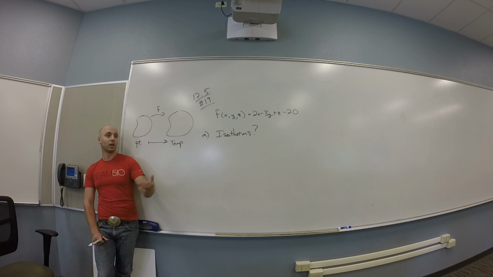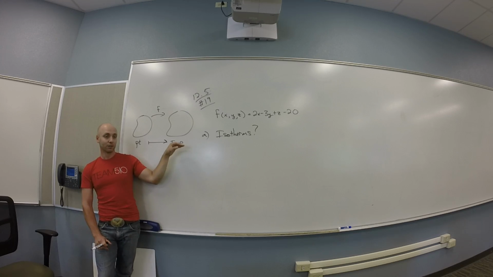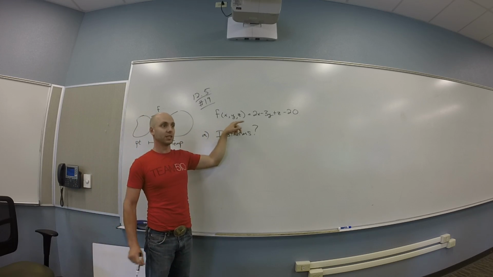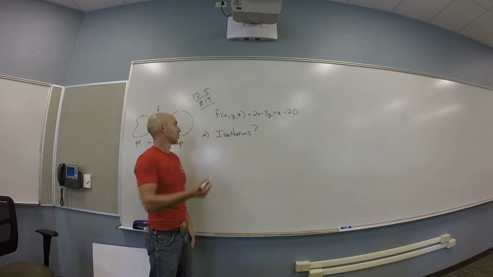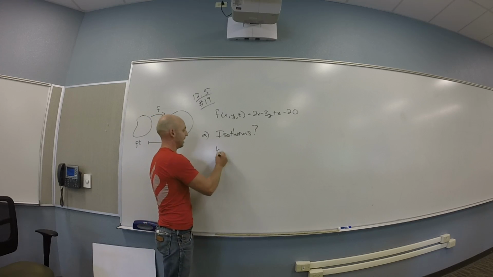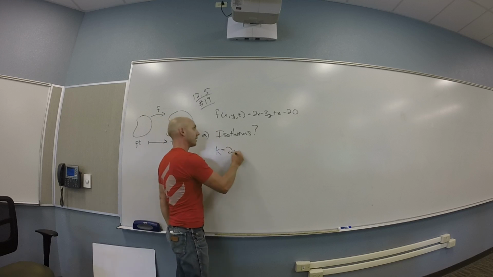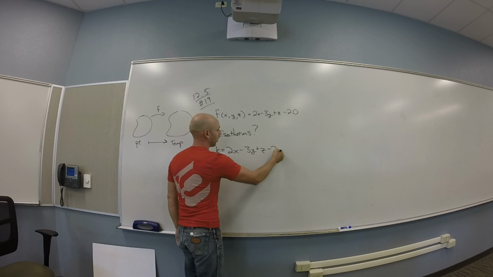You guys see this, right? If they're going to be the same temperature, that's an output thing. So I should take the output, f of x, y, and z, and set it equal to some thing. So I'm going to just set it equal to k, k standing for constant. So k is going to be 2x minus 3y plus z minus 20, right?